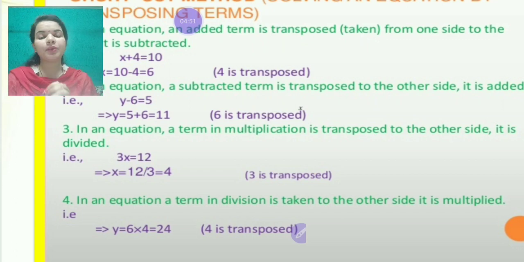So basically, if you are taking any term from one side to the other side, you have to do the opposite. If it is in plus, it will become minus. If it is in minus, it will become plus. If it is in multiplication, then on the other side it will be in division. If it is in division on one side, then on the other side it will come in multiplication. Clear?